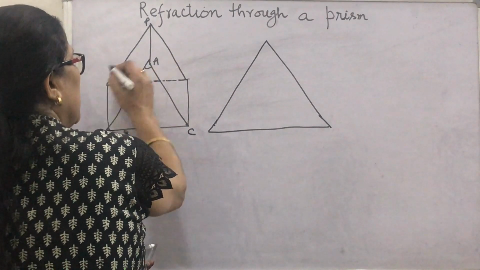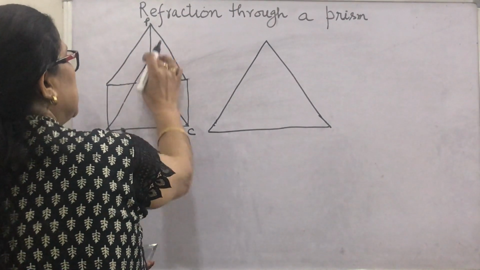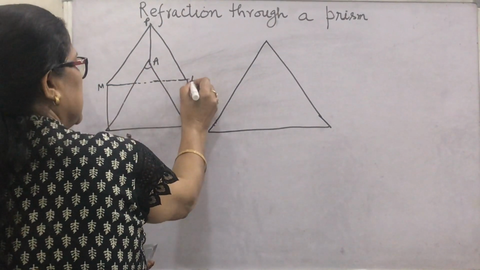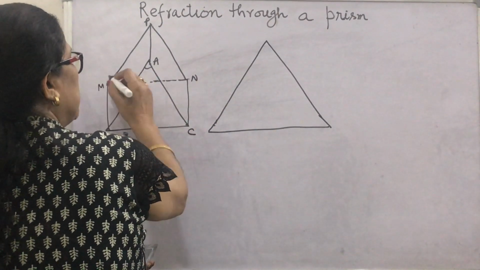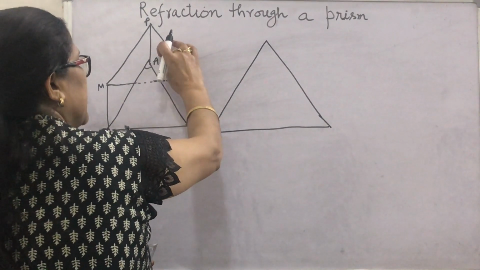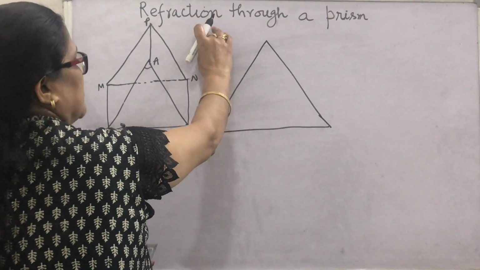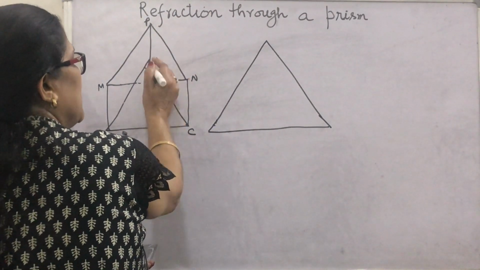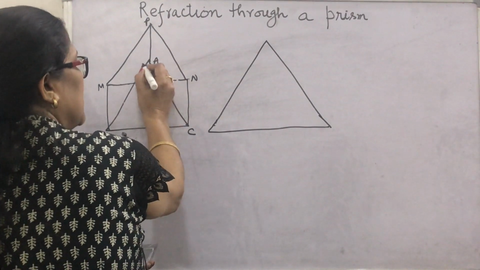If a ray is incident at this surface A, P, B, and somewhat this is M, this is N, then what happens if the ray is incident at this surface, refracted, and emerges out from this surface? These two are refracting surfaces meeting at an angle called the prism angle.